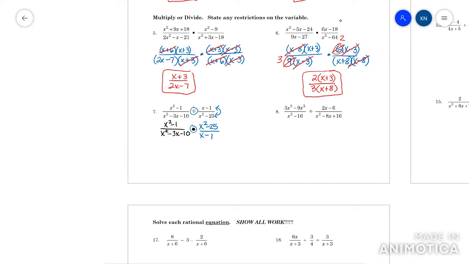So you just want to factor everything. Then you just want to cancel. And that looks like everything that cancels. So now I would write my answer, which would be x plus 1, x plus 5 over x plus 2.